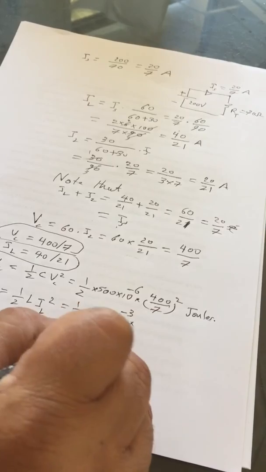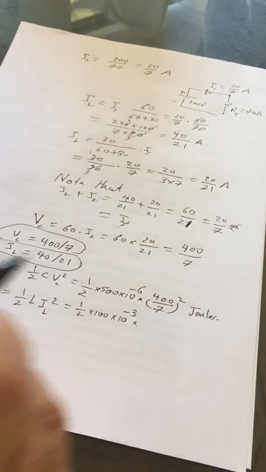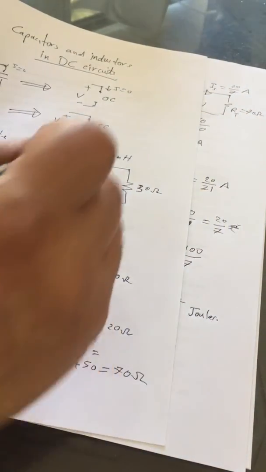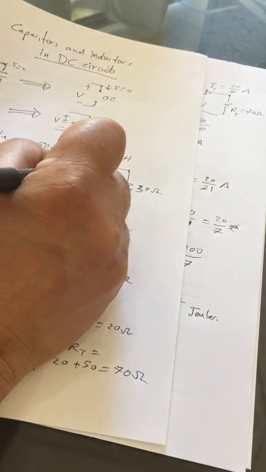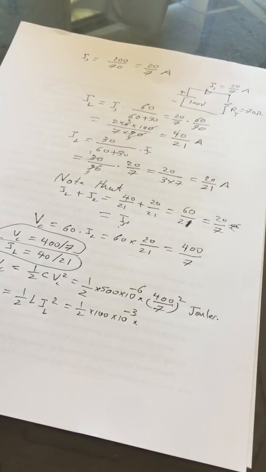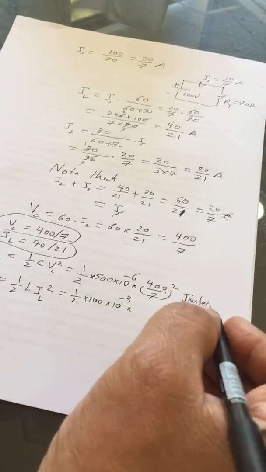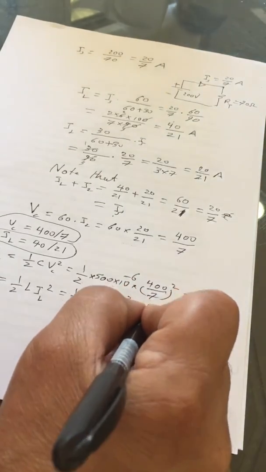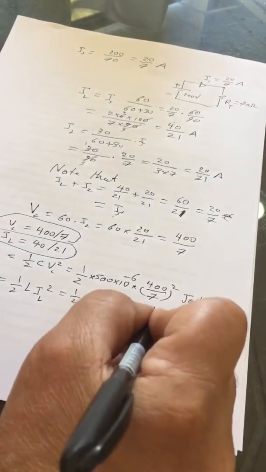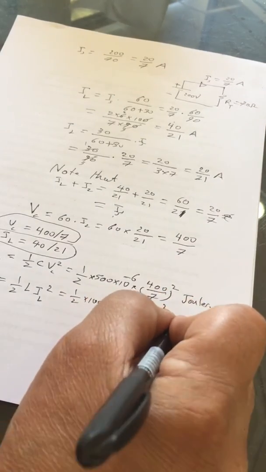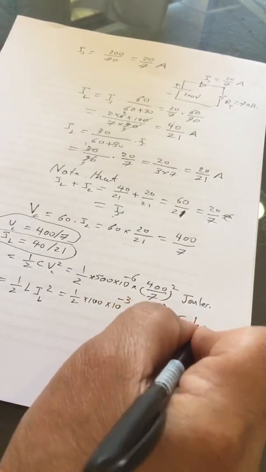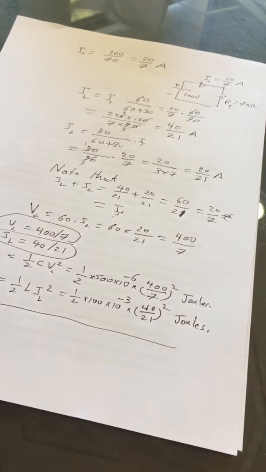So times the current IL, the current in the inductor here, it's the same IL here. And IL we have calculated as 40 divided by 21. So times 40 divided by 21, squared, will give you joules. Okay? So we end this short video.